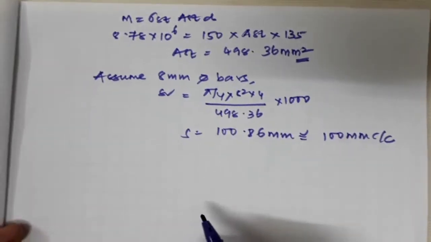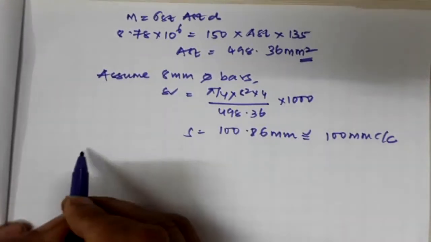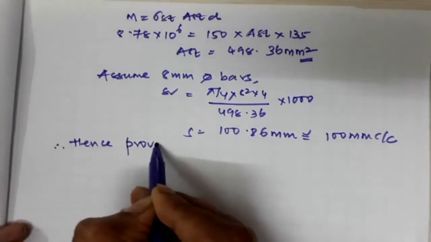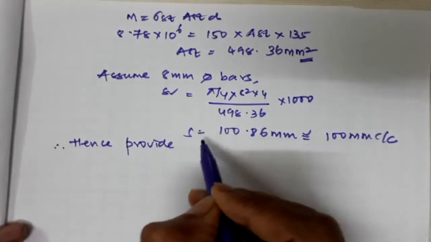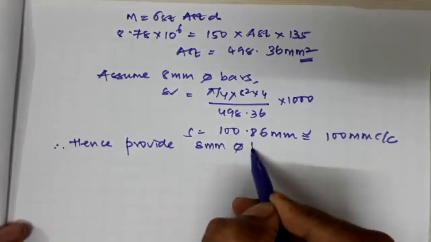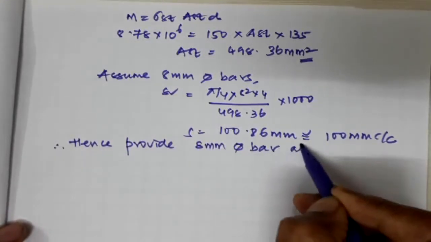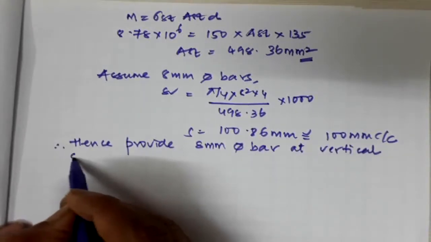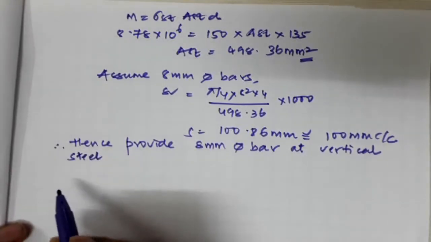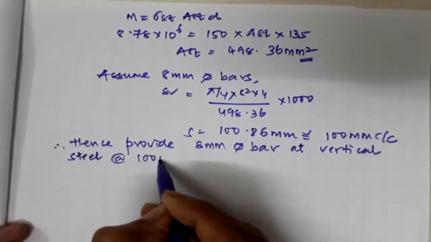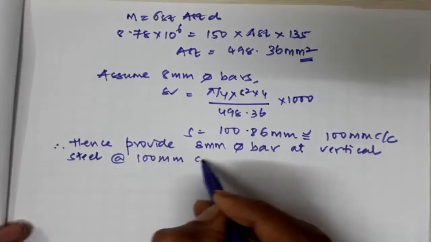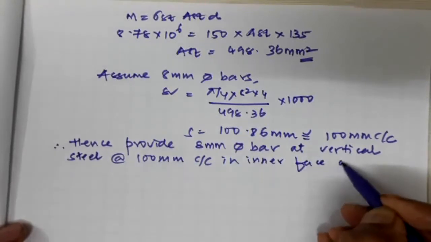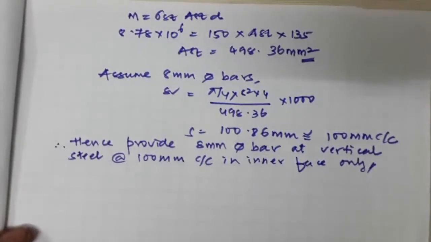So hence provide 8 mm dia bars as vertical steel at 100 mm center to center in inner face only, because we are designing for cantilever action.